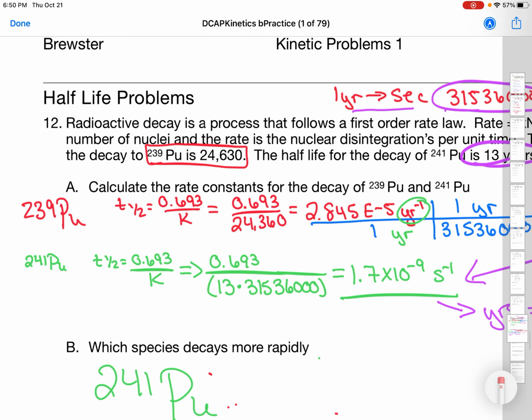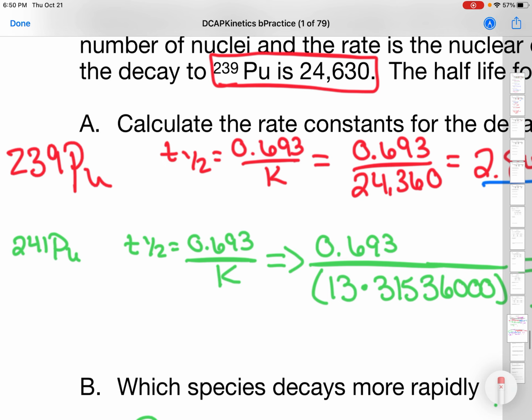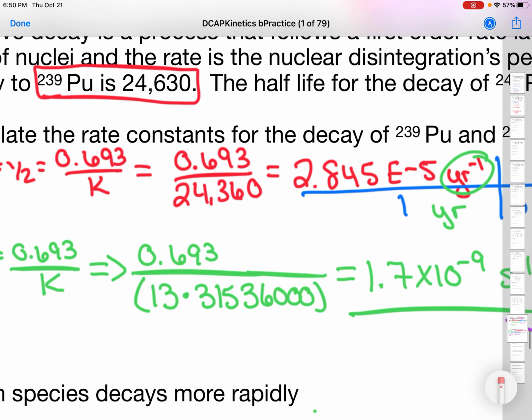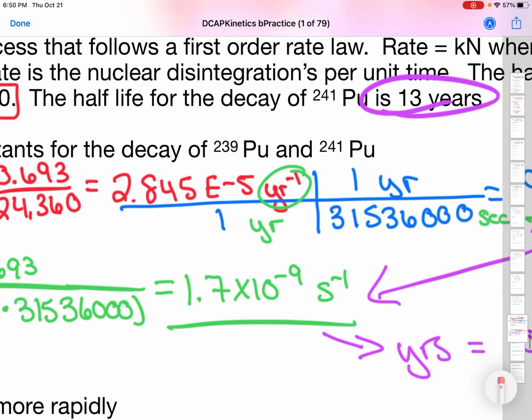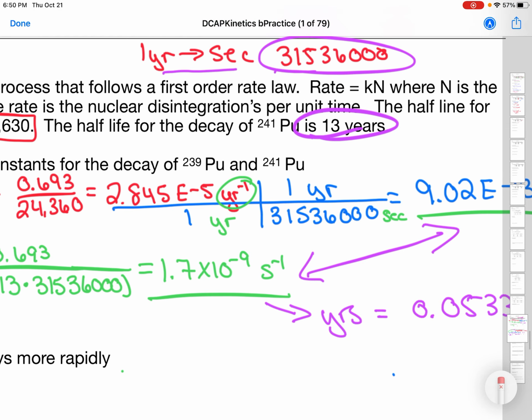Okay. Now, I do the same thing with plutonium-241. T1/2 equals 0.693 over K. I have 0.693 over 13. I went ahead and just put in the conversion factor down below to get it to seconds negative 1, so I can compare back. You can leave it as years negative 1 and then convert if you like.